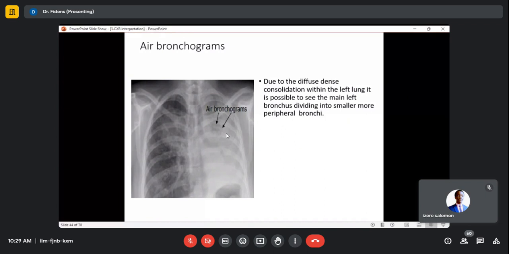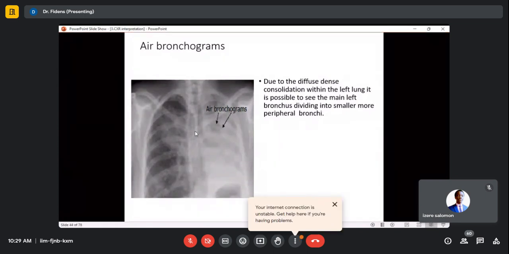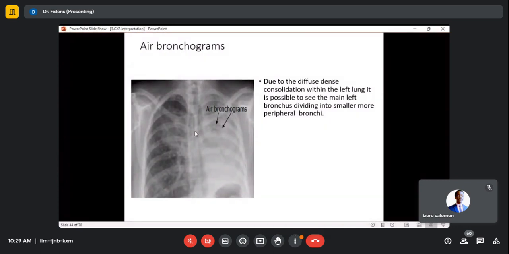And when you see any structure deviated to one side, immediately as a medical doctor, as someone who is interpreting the image, you should ask yourself, why? What is the cause of this deviation? Like here, is it a disease? Is it a pathological process? Or is it technical?